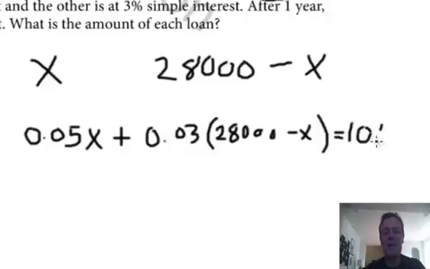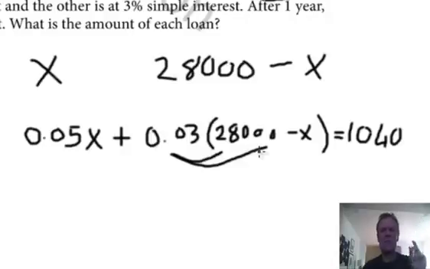Now, once you've got that, that's all the hard work done, really. It's just now solving it. You can leave this as decimals, just do the distributive law here and here. But how about getting rid of the decimals? Something's got 2 decimal points, so why don't we multiply everything by 100 to get rid of the decimal points?